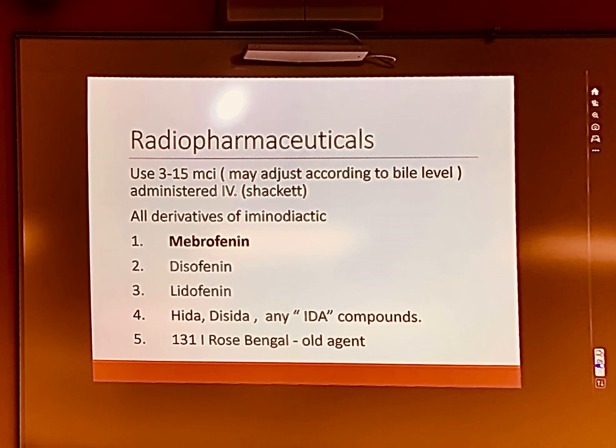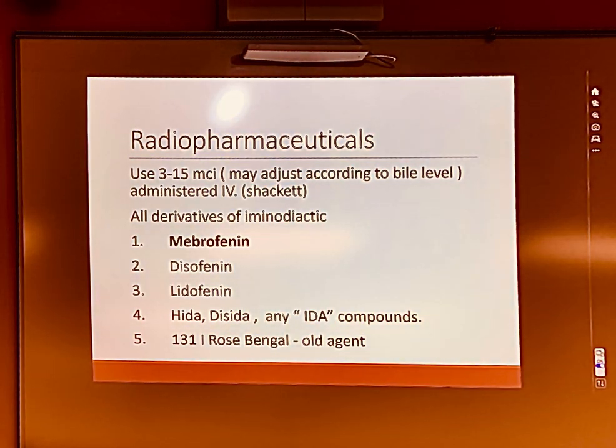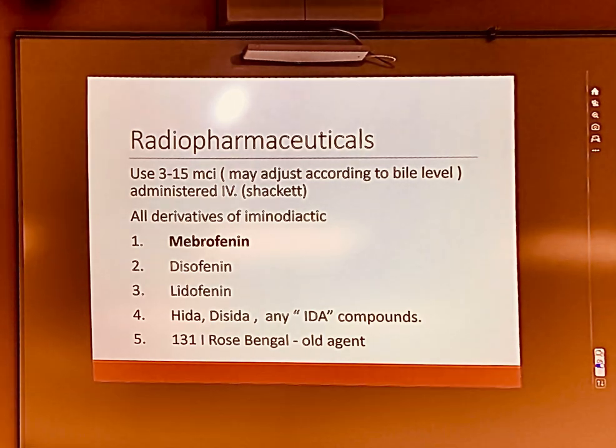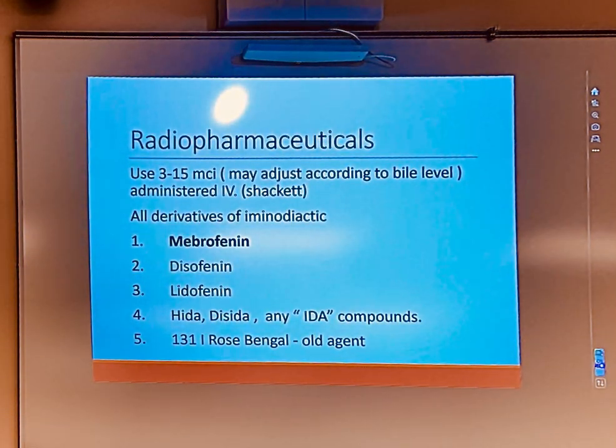So your normal dose for a HIDA scan is gonna be 3 to 5 millicuries. That's your normal dose, okay? In my career, I've never given anybody more than 10 millicuries of Choletec.